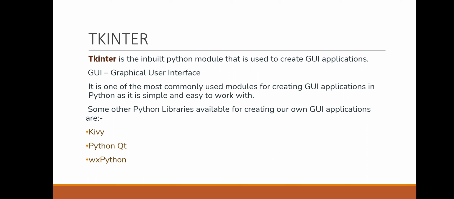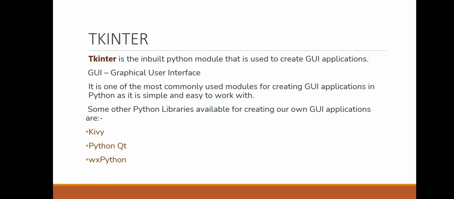GUI is graphical user interface. It is one of the most commonly used modules for creating GUI applications in Python, as it is simple and easy to work with. Some other Python libraries available for creating our own GUI applications are Kivy, PyQt, and wxPython.